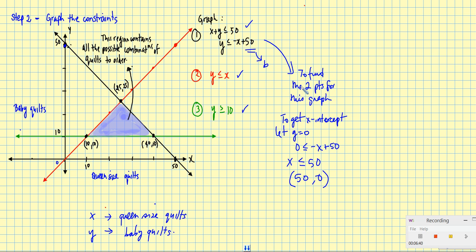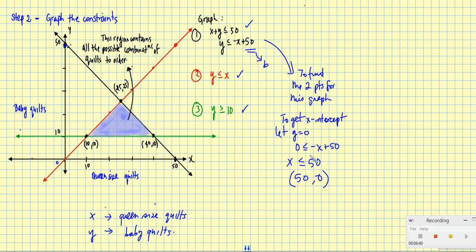This is something you definitely did last year, because I've heard you talk about it in class. So to get 2 points on the graph, rather than moving down 1 and 1 to the right, how about if I find my x-intercept and my y-intercept, which I already know to be 50. To get the x-intercept, I let y equal 0.